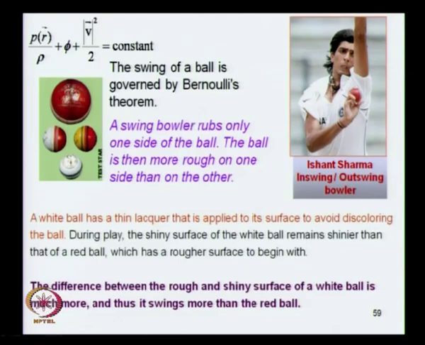So, what they are trying to do is to exaggerate this difference between the smooth surface and the rough surface, because the more they exaggerate this difference, the more velocity difference they can generate, and the more velocity difference they generate, the more pressure gradient they can generate, and the more the ball would swing.